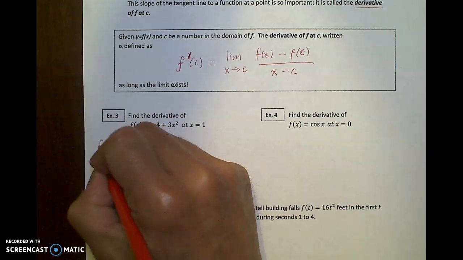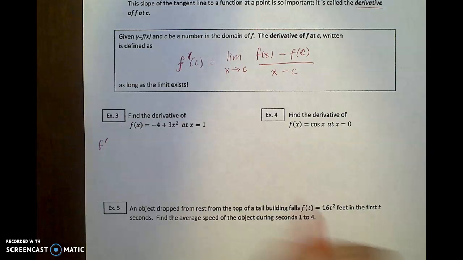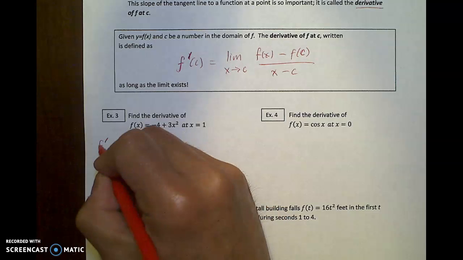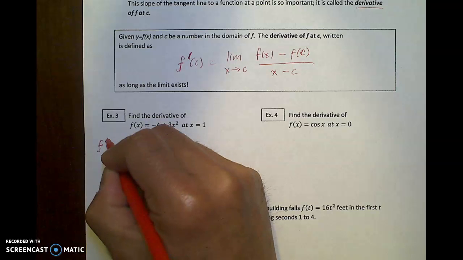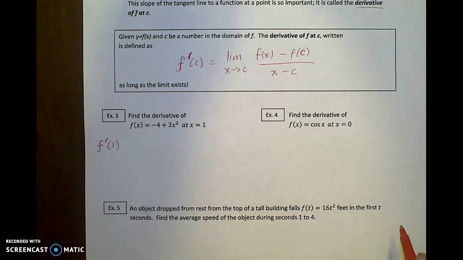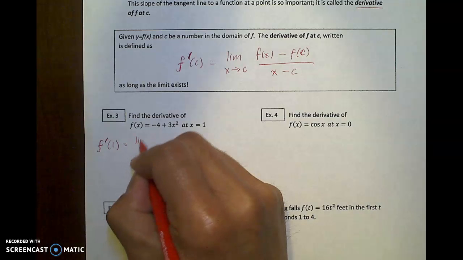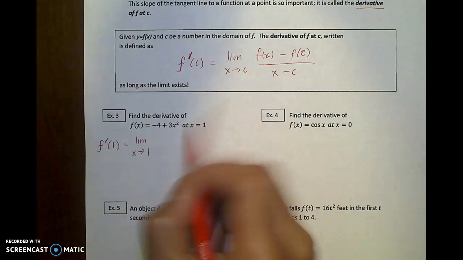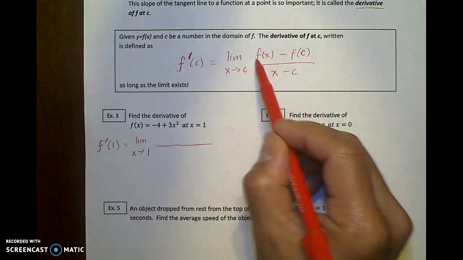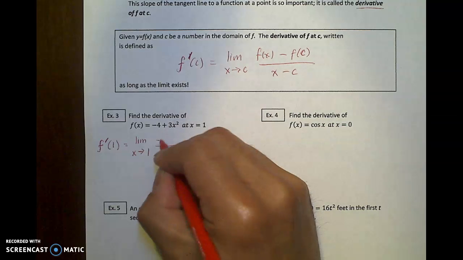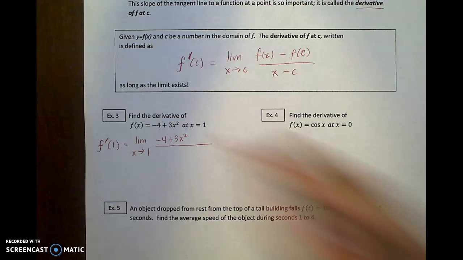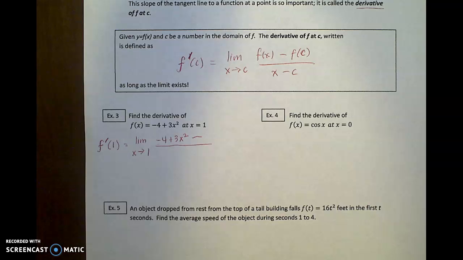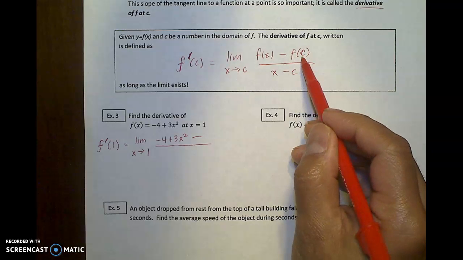Okay, so to find the derivative, written with a little dash, or explain the line as find the derivative of the function at 1. We are going to set it up as a limit as x approaches 1. We're going to set up f of x, so that's negative 4 plus 3x squared, minus the function defined at c.